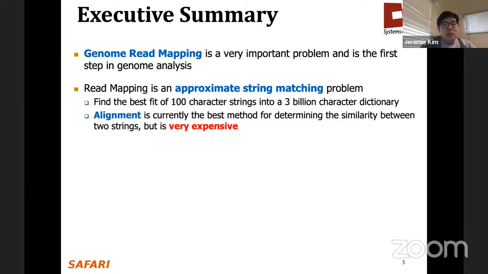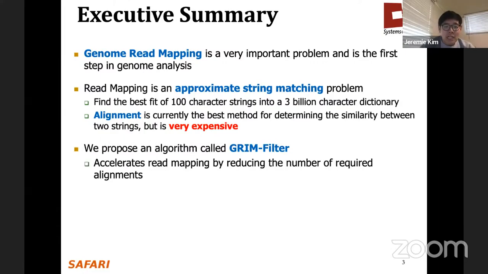So alignment is currently the best method for determining the similarity between two strings, but it's very expensive as it relies on an n-squared dynamic programming algorithm. And so we propose an algorithm called GRIM filter, which accelerates the read mapping process by reducing the number of required alignments.